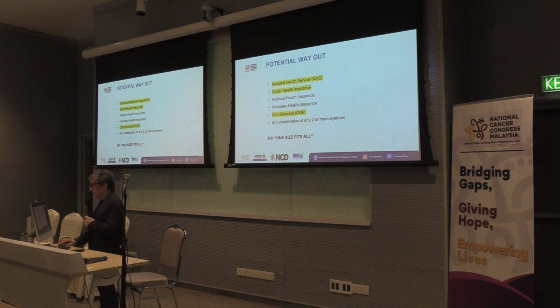Out-of-pocket, although it's highlighted here, is not the best way to finance healthcare because it will create a high degree of inequity. If everything is based on out-of-pocket expenses, then only the rich can afford good care. So it is highlighted here, but it is highly not recommended.